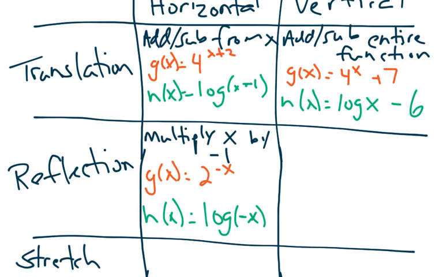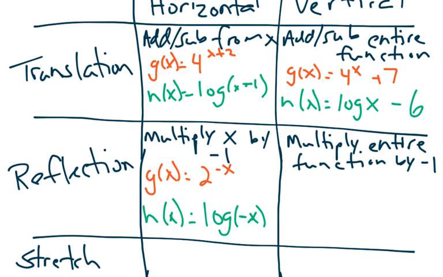Okay, with vertical reflections, that would be going from something like quadrant 1 up here down to quadrant 4 down here. That is when we multiply the entire function by negative 1.